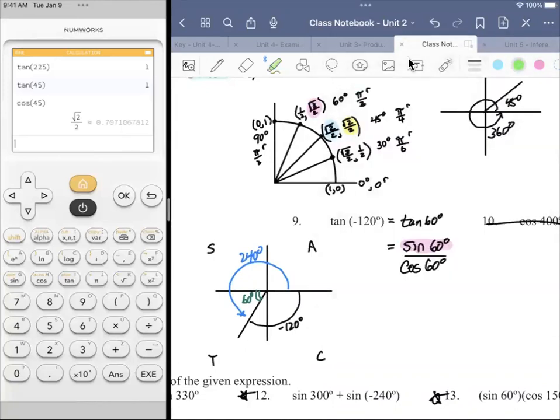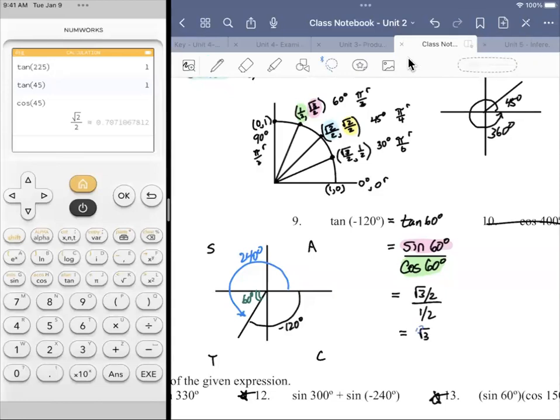For those keeping score at home. Cosine of 60 will put you right there. All right, so we're looking at radical 3 over 2, over 1/2. A complex fraction with a common denominator. So fraction over a fraction where the denominators are the same, they cancel out. You're just left with a radical 3 over 1, which is the same as just saying radical 3.